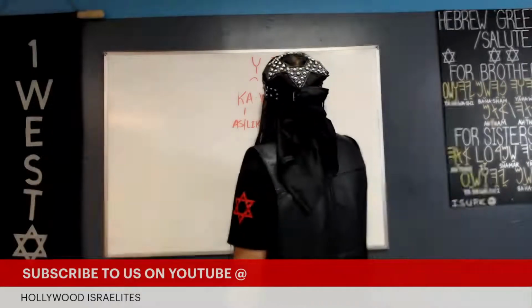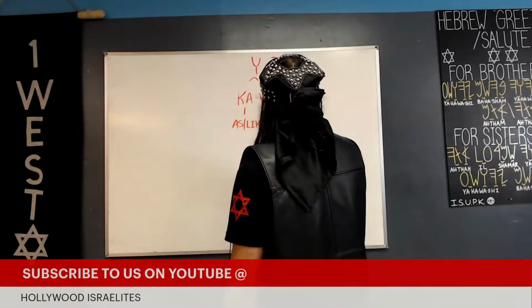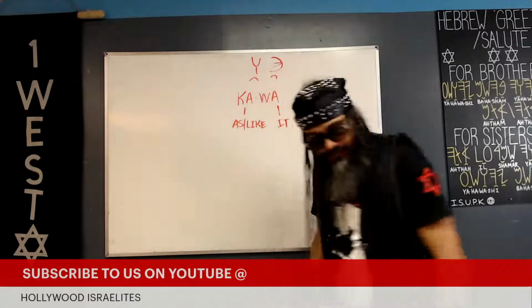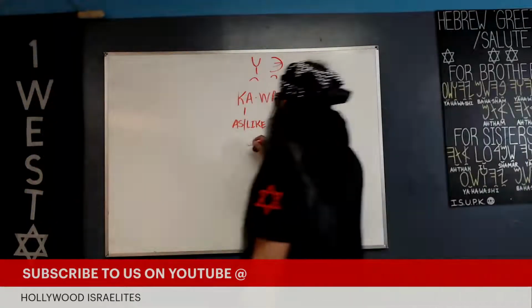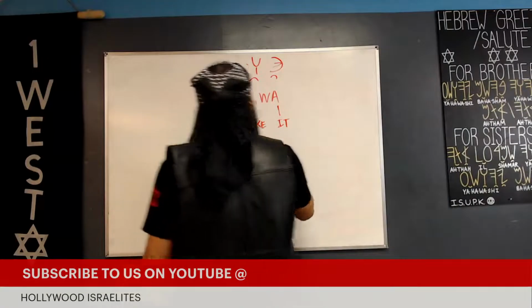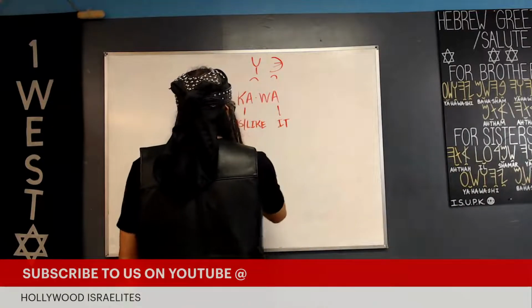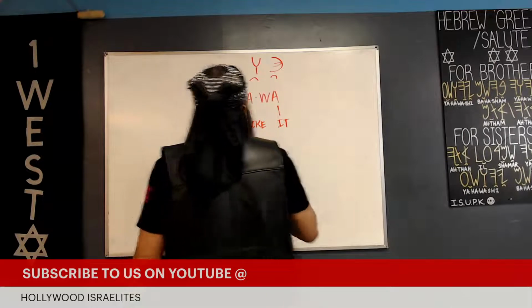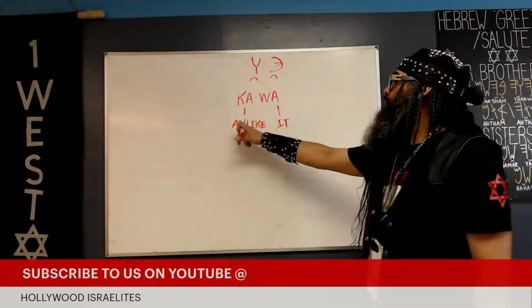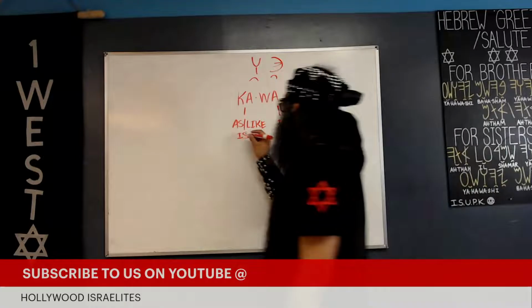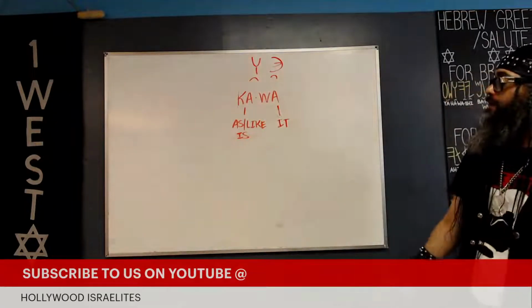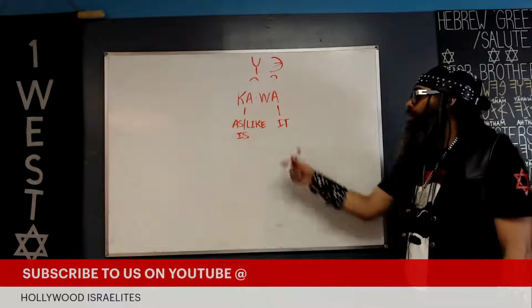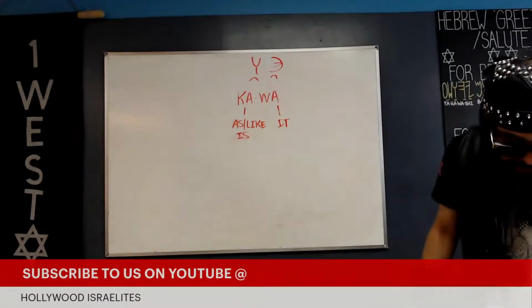Wa, oh, so like it or is. So ka means as, like, or is. Wa, it. Kawa, it is. As it is.